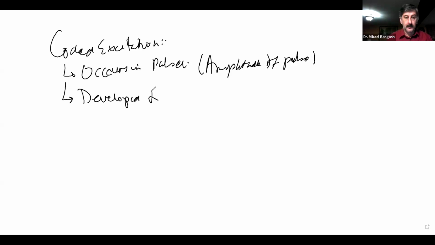It was developed to reduce bioeffects, or biologic effects.